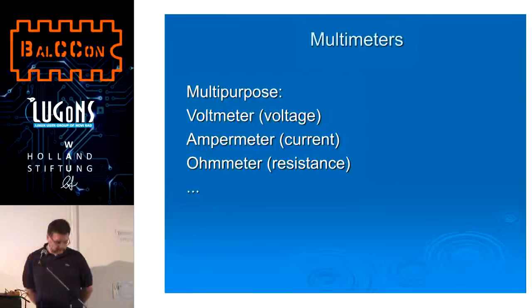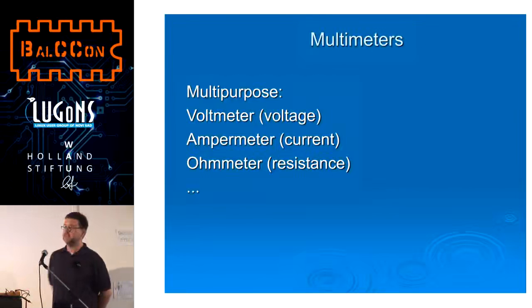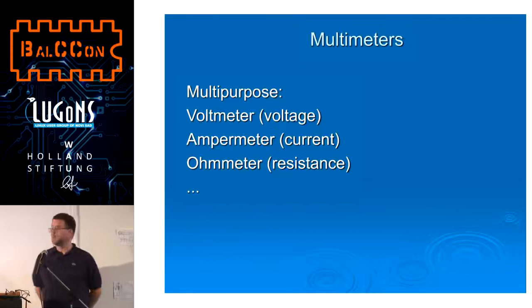So, what are multimeters? These are devices that measure some basic electrical values, like voltage, current, and resistance. For every one of those values, you have to use a specific instrument: voltmeter for voltage, ampere meter for current, ohm meter for resistance.